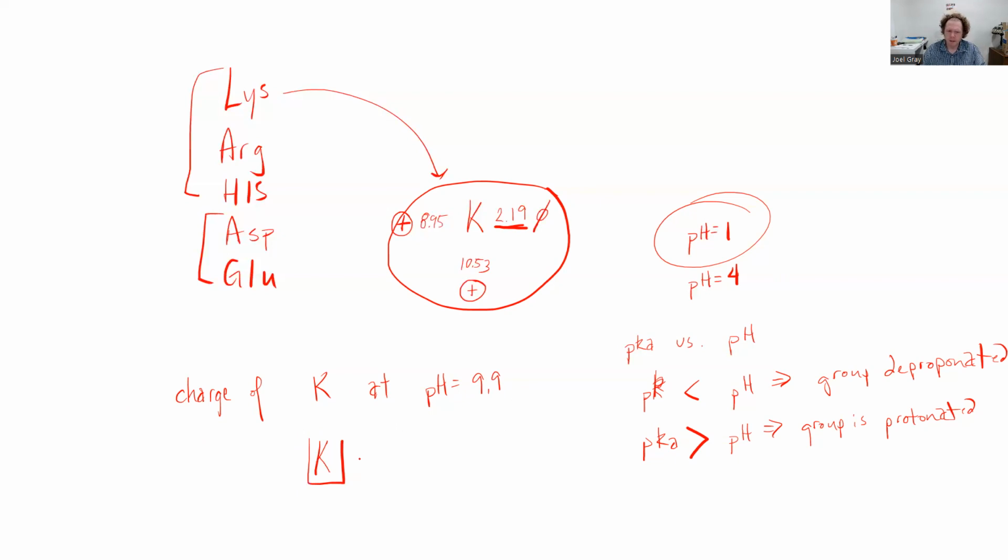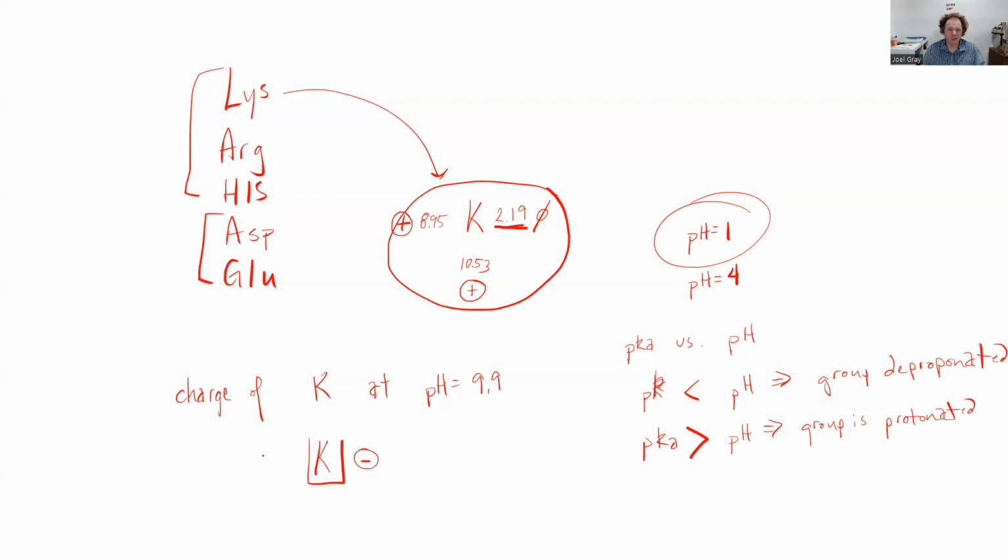So that means that this group on the right-hand side, my carboxylic acid or my carboxylate ion, is going to have a negative charge because it's gone from having no charge to negative, since my pH is greater than my pKa. My N-terminus, the left-hand side of my molecule, has gone from positive to what?